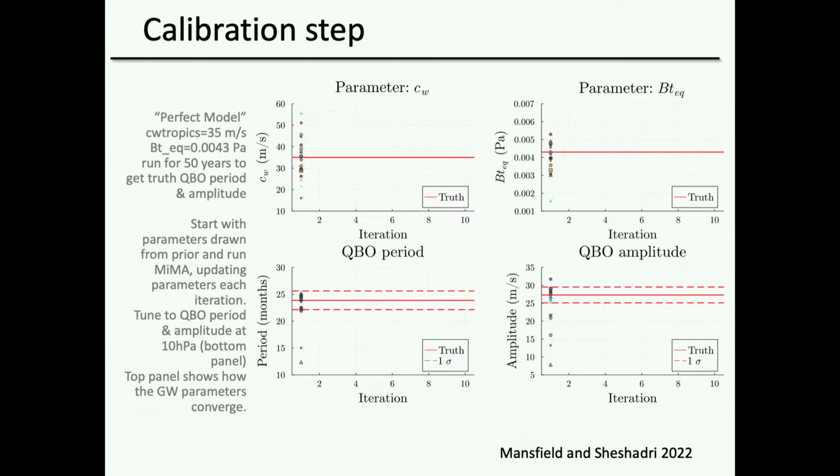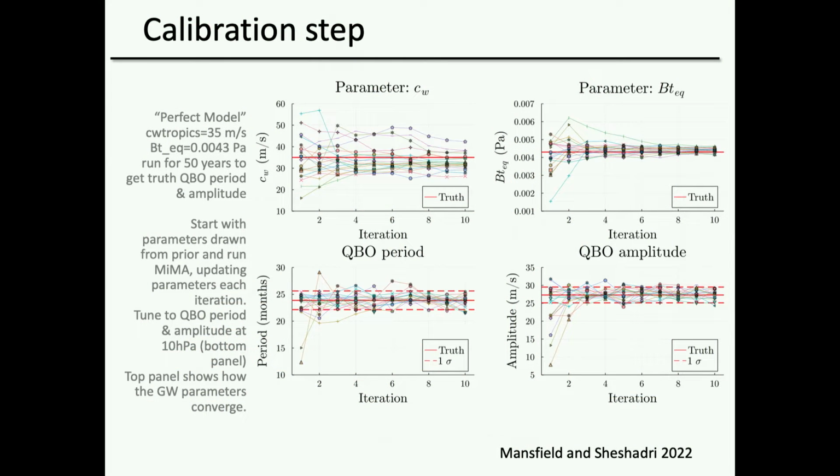So let's go back to this quasi-biennial oscillation that I was talking about and think about parameters associated with the atmospheric gravity wave parameterization. Don't worry too much about the details. What I'm showing you here is every iteration of the ensemble Kalman inversion, which is basically setting off a number of forward model integrations, 10 at each iteration.